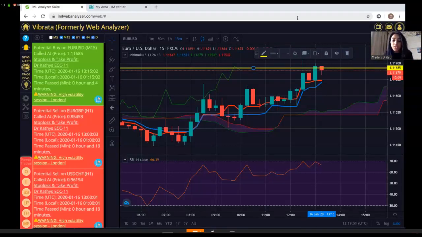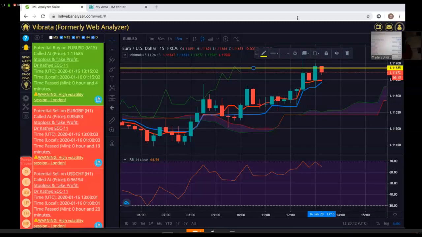Okay, so I purely have opened up a separate account. I put £1,000 in last Monday, into a separate account, and I've only been taking Vibrata trades on there. As I said, out of all the trades I've taken, I've not made a single loss. Okay, and you can see it started off on the 7th.